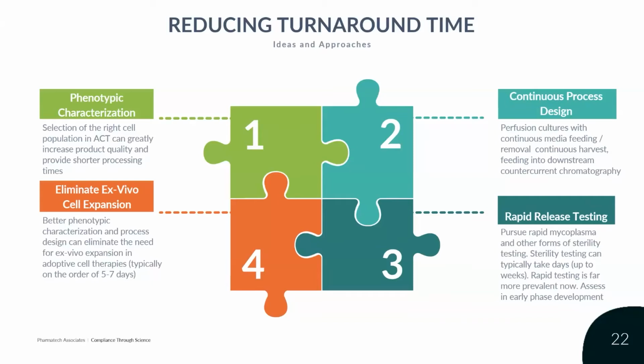If you take the manufacturing process at 21 days, add another 21 to that, now you're at a month and a half, 6 to 7 weeks to even have a released drug product. And so once again, if we bring up those ethical challenges of, hey, we've got patients waiting for this, this becomes a pretty uncomfortable thing to think about. And lastly, if we're talking about adoptive cell therapies, what if we could eliminate cell expansion?